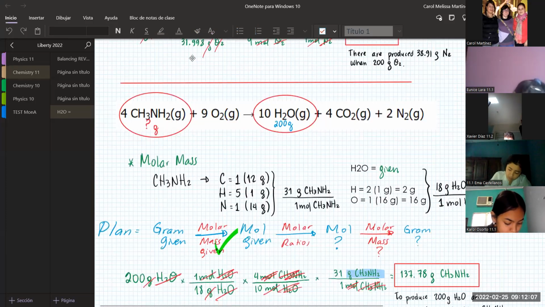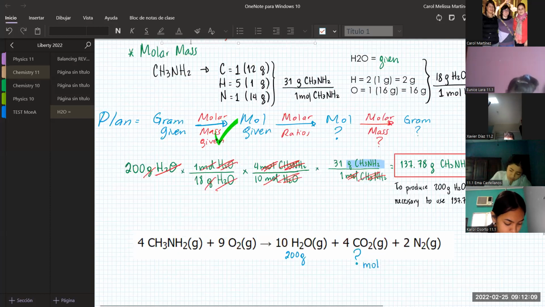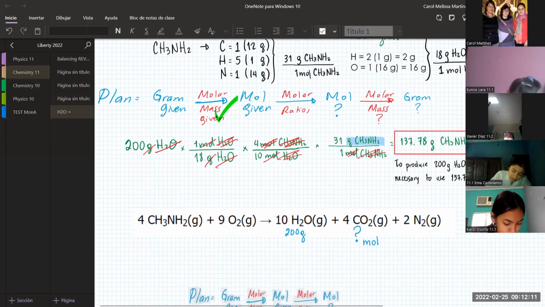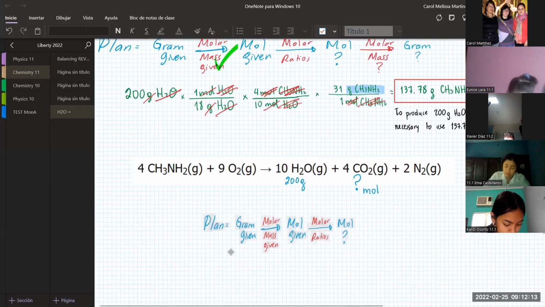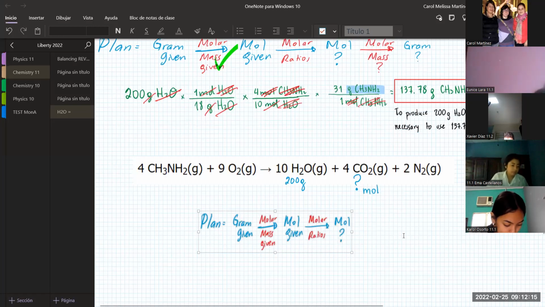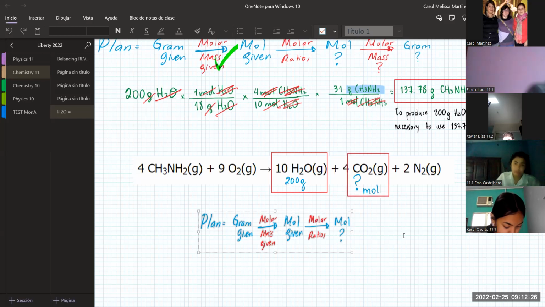This is your plan. So you're going to be relating just these two substances. So let's begin. You need the molar mass of the given.